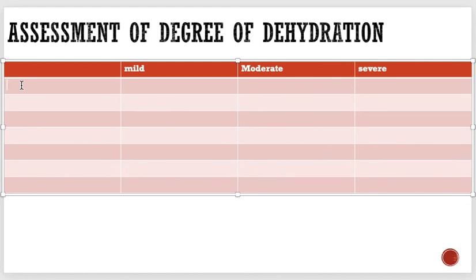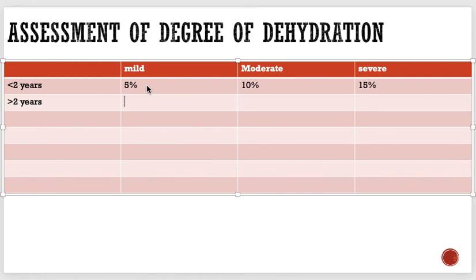So there's a different criteria for the babies who are less than 2 years of age, as well as different criteria for the babies who are more than 2 years of age. Any baby who is less than 2 years of age, when they lose 5% of their body weight, it is considered mild. 10% of their body weight is considered moderate, and 15% is considered severe type of dehydration.